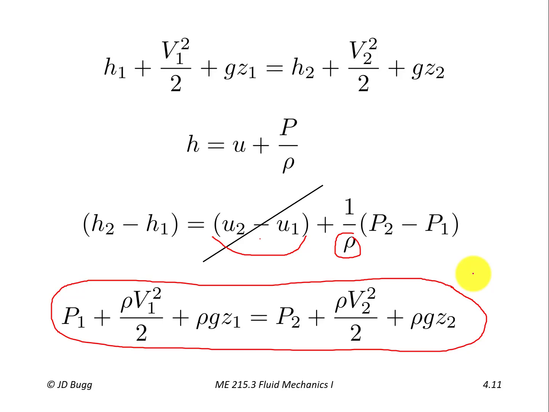And it's important to remember that this is still conservation of energy, okay, but with the assumptions that we've discussed applied to it. So the first term here, pressure, is really representing the enthalpy, or at least the part of the enthalpy here that doesn't go to 0 because of our assumptions. So this is the flow work part, essentially.